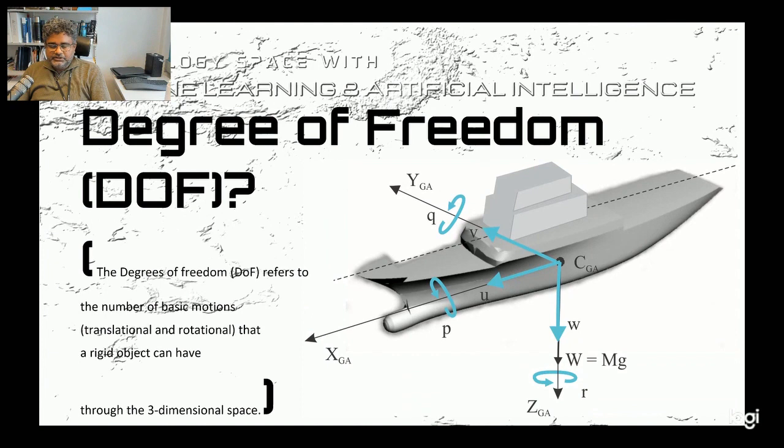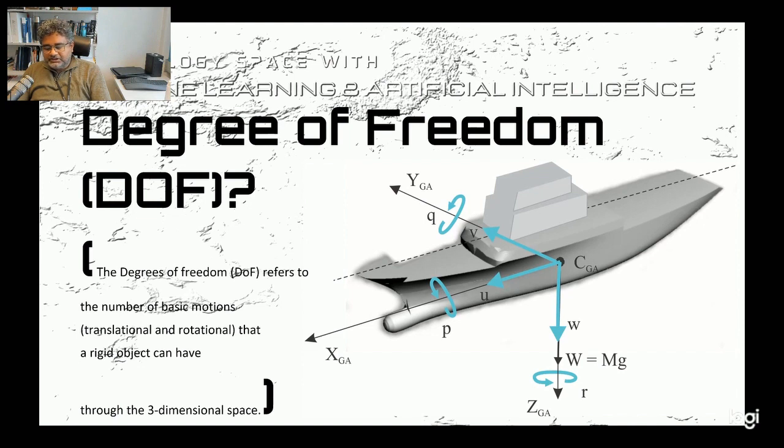Since we have discussed three translational and three rotational motions for that vessel, let's discuss the concept of a degree of freedom, or DOF. The degree of freedom can be referred to as the number of basic motions, translational and rotational, that a rigid body or a rigid object can have through three-dimensional space.